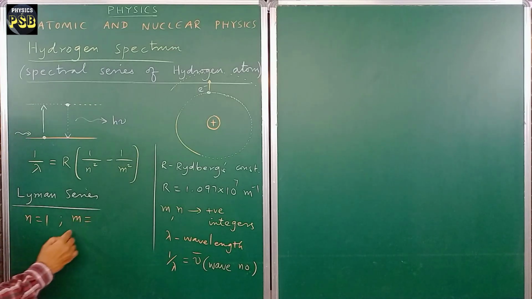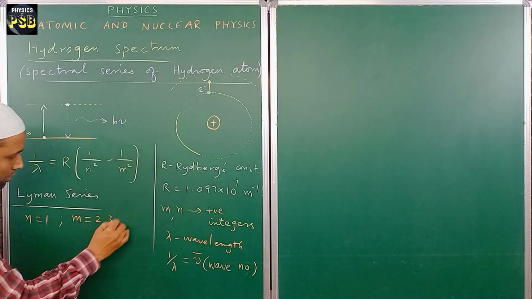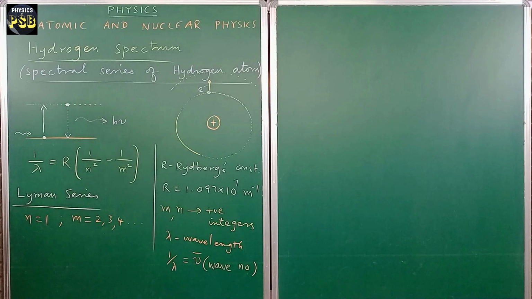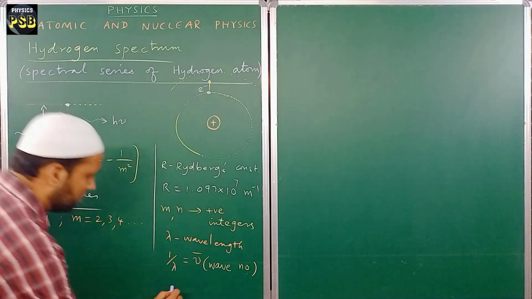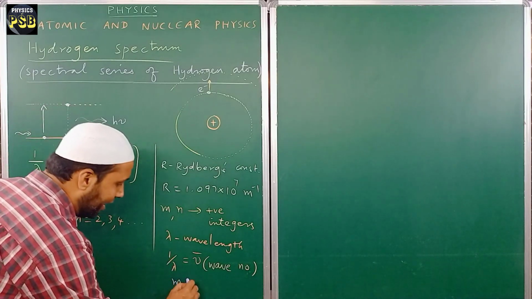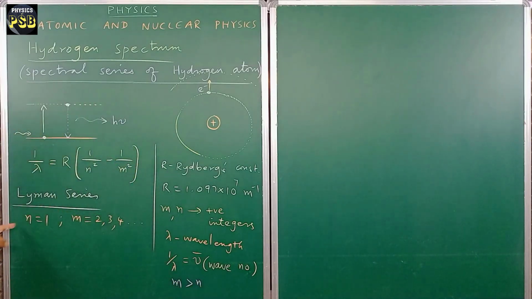Here m stands for 2, 3, 4 or any energy level. And one thing I forgot to mention here: the value of m is always greater than n.